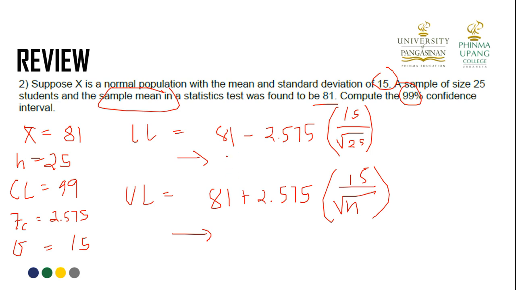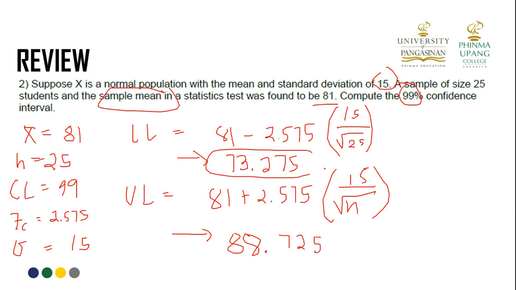LL is 73.275. How about UL? 88.725. Alright, so the final answer: LL is 73.275 and UL is 88.725.